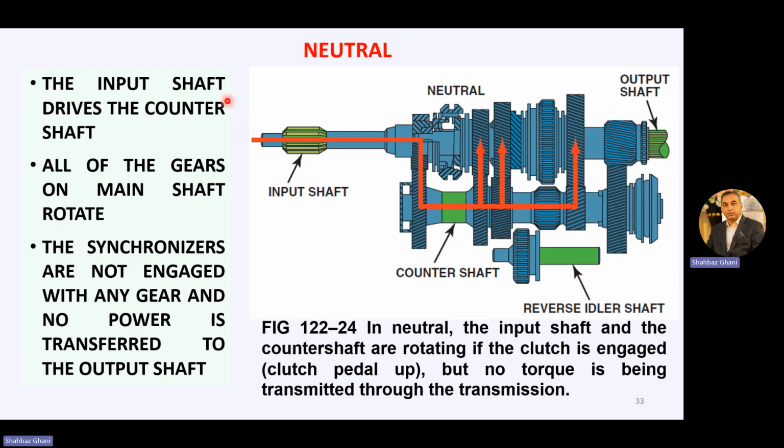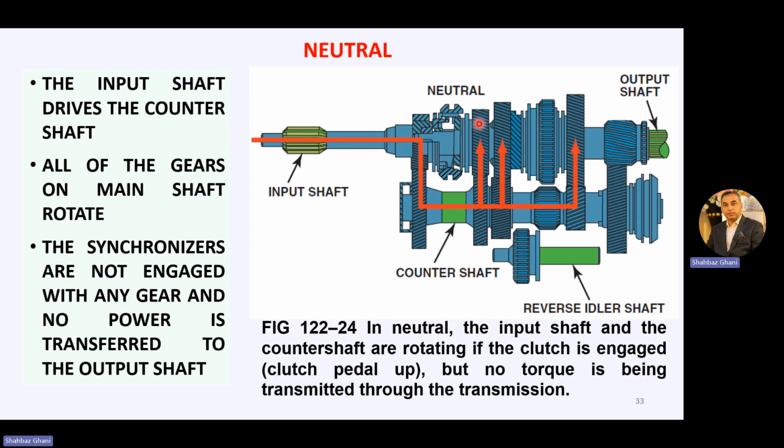So the input shaft drives the counter shaft. The power is coming from the engine, flywheel and clutch to this input shaft, and this input shaft is rotating this counter shaft. All of the gears on the main shaft rotate.